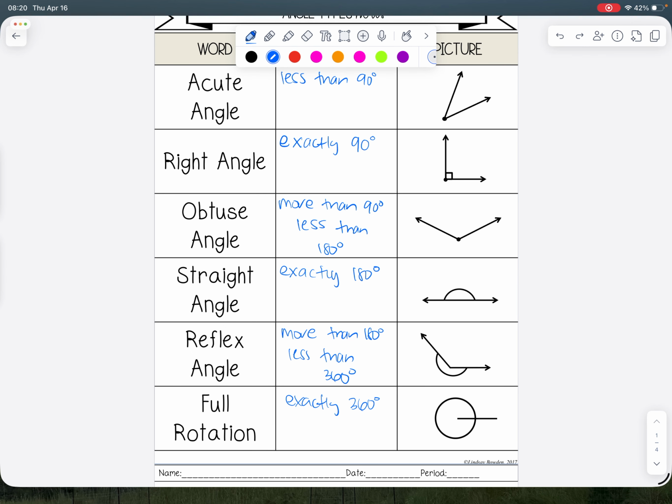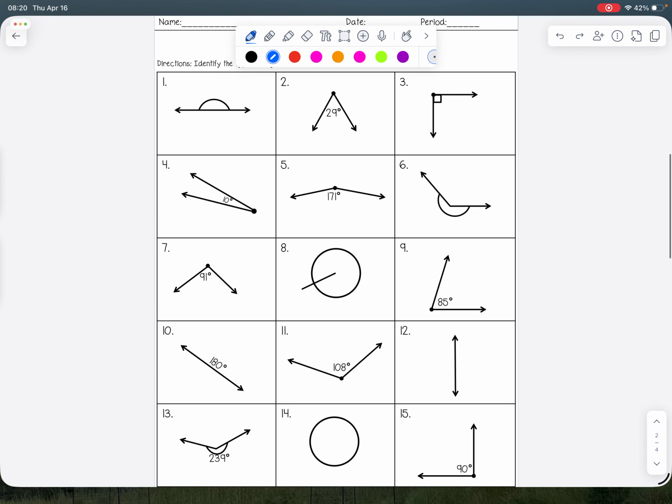So now let's look quickly at just identifying some of these, and then you will work on your own practice. So the first one here we have is a straight line, so that's a straight angle. This we have here is less than 90 degrees, so we know that's acute.